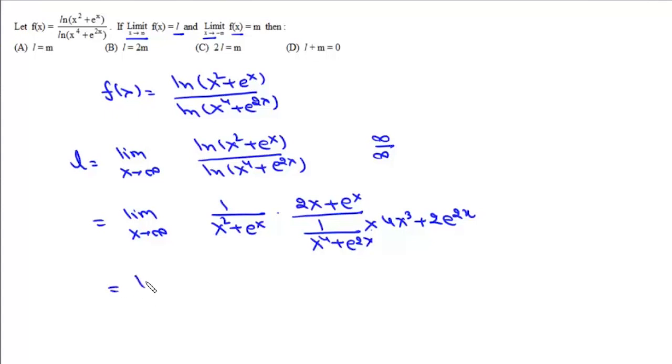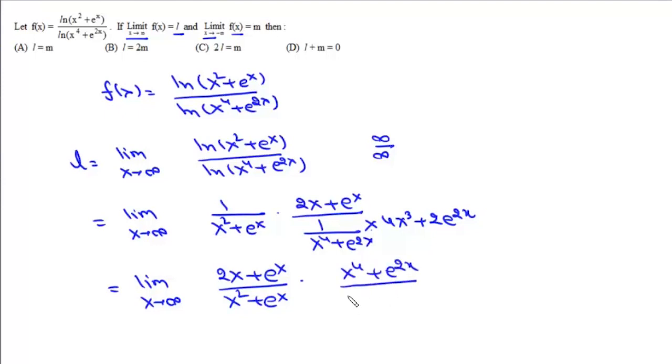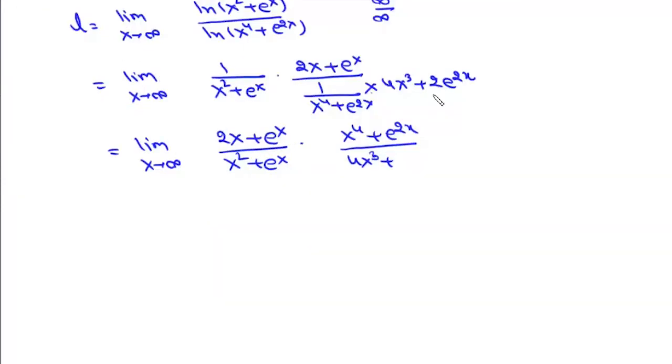Now we can write this as limit x tends to infinity, 2x plus e to the power x upon x square plus e to the power x into x to the power 4 plus e to the power 2x upon 4x cube plus 2 e to the power 2x. Now here we'll divide everything with e to the power x, and here we'll divide everything with e to the power 2x.